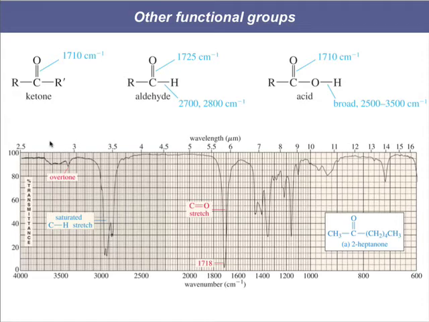We see the same thing in IR. Often what we'll see from ketones, since these carbonyl frequencies for ketones and aldehydes happen right in the middle of our spectra, is multiples of those vibrations on our spectrum.